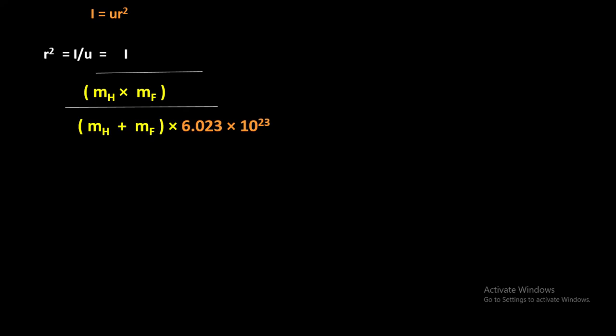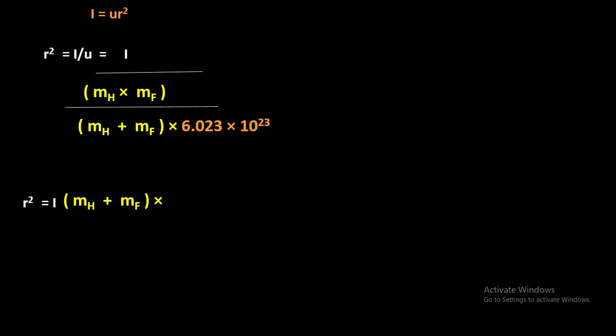But we know that the moment of inertia equals u r square. Therefore, r square equals I upon u. Therefore, I upon the value of u, meaning the mass of hydrogen into mass of fluorine upon mass of hydrogen plus mass of fluorine, and for one molecule, therefore into 6.023 into 10 raised to 23.